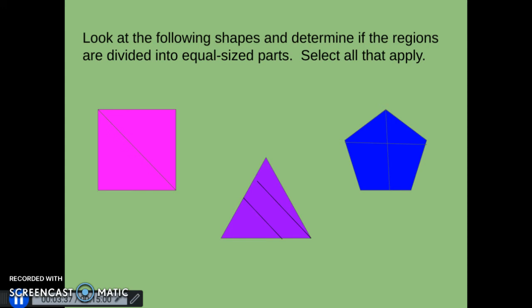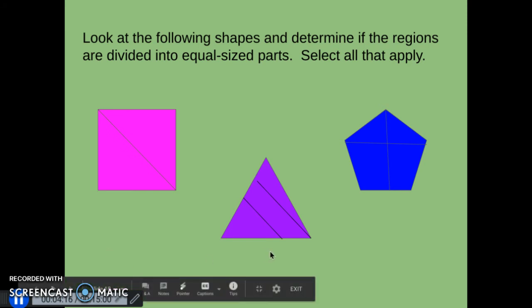So we all pretty much know, because we've shared with a friend before, a candy bar or something that we would split down the middle and make a half. So we're trying to determine if this is split into equal parts where we each get a half. And looking at that, I think that we can all see that this one would apply. This particular shape is cut into two equal parts, meaning that one side represents one half and the other side represents one half of the whole.